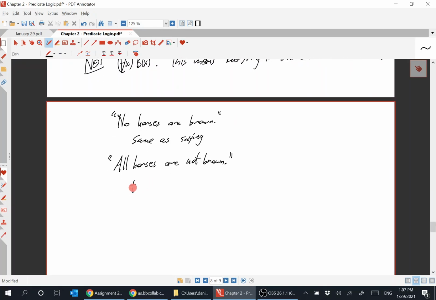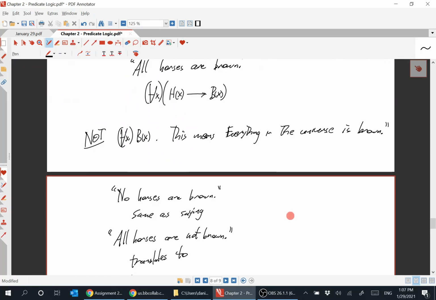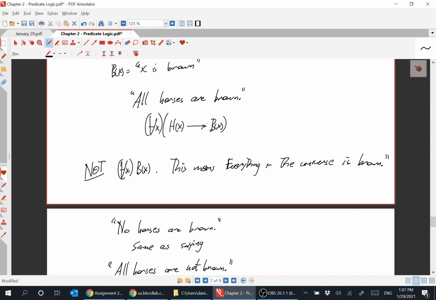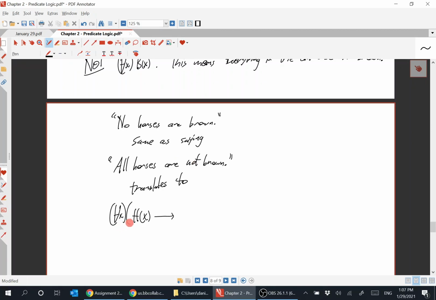So in predicate logic, all horses are brown: for every X, X is a horse implies X is brown, HX implies BX for every X. All horses are not brown: for all X, HX implies not BX.